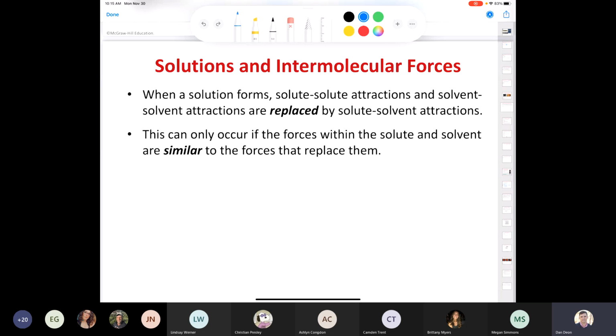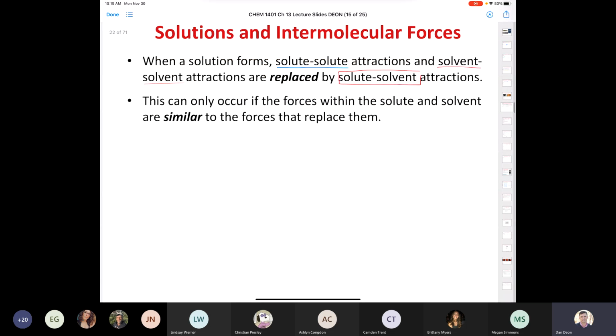If we have a solute, okay, well, there's some kind of intermolecular force holding the solute together. And then I have a solvent, there's some kind of intermolecular force holding that together. Why would it make a solution unless the interactions between the solute and the solvent were similar, were favorable? Okay, so that's the kind of thing that we want to keep in mind moving forward.